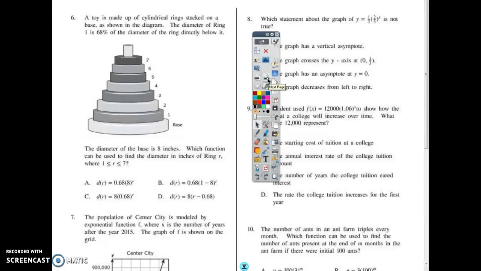Okay, it says a toy is made up of cylindrical rings stacked on a base as shown in the diagram. The diameter of ring 1 is 68% of the diameter of the ring directly below it. So the rings are getting smaller, right, by 68%.